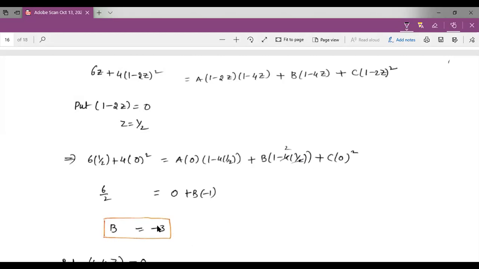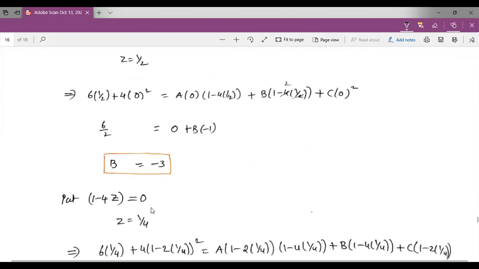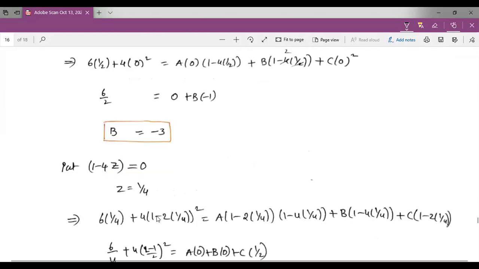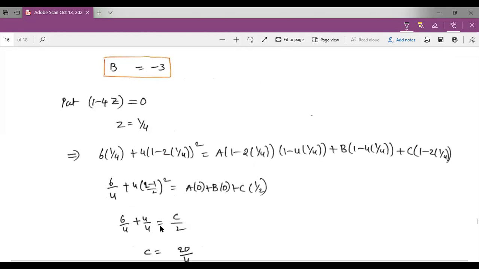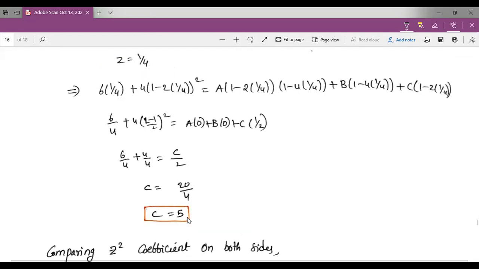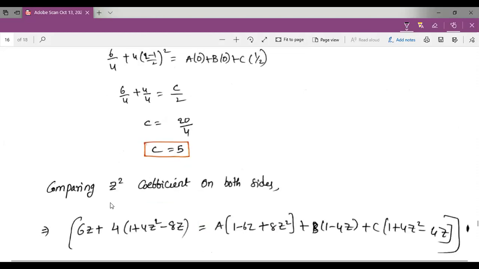Next we put 1 minus 4z is equal to 0, z is equal to 1 by 4. So the 1 minus 4z value becomes 0, and 6 into 1 by 4 plus 4 by 4 equals c by 2. From that c is equal to 5. Next we find the other variable a.